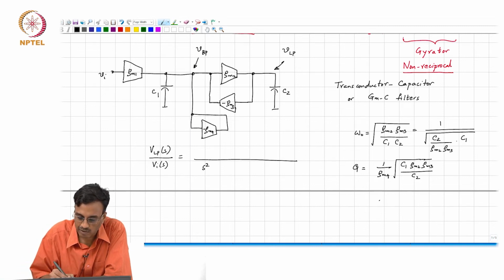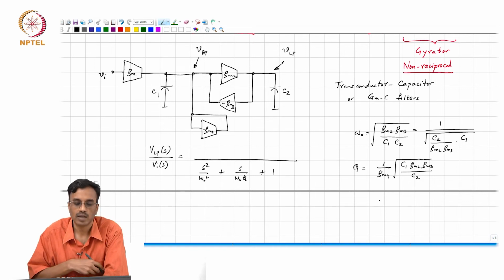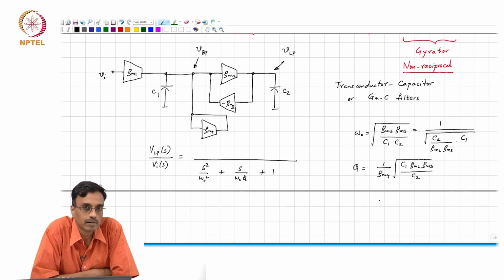So we have S square over omega naught square plus S over omega naught Q plus 1. And the question now is, what is the DC gain? How would we do this?